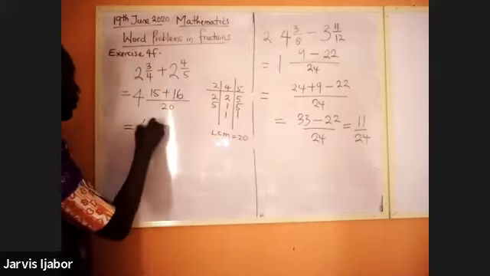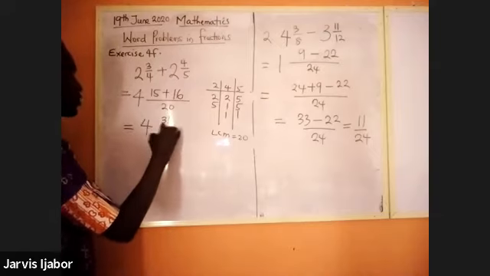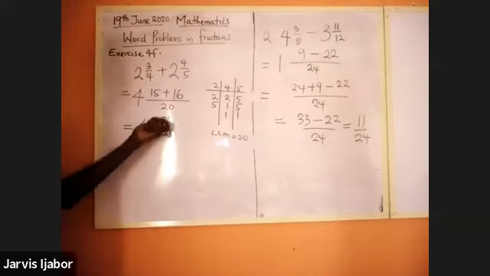So this will give me 4 whole number 31/20. This is overloaded, so I'll remove 20 from there.